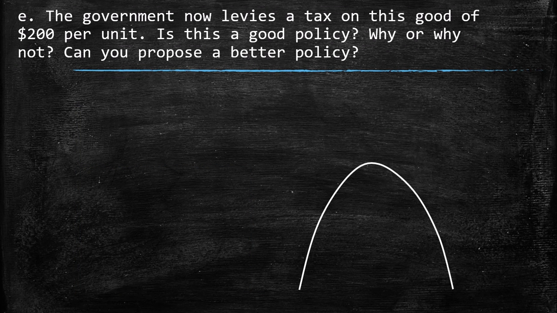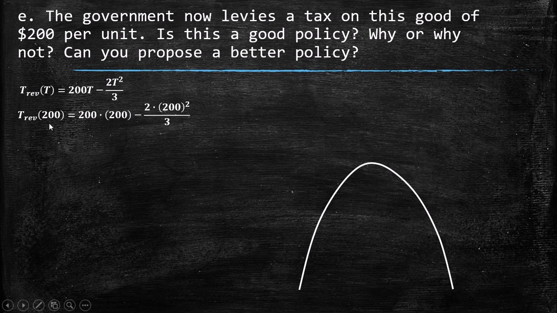Okay, so the last question. The government now levies a tax on this good of 200 per unit. Is it a good policy? Why or why not? Can you propose a better policy? So here, remember, this is the function which makes a relationship between the taxes and the tax revenue. And instead of putting t, we're going to plug in 200.